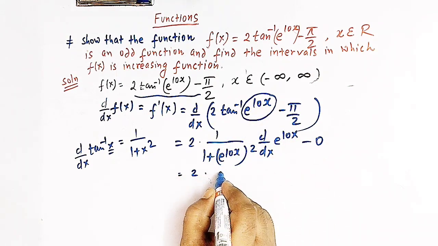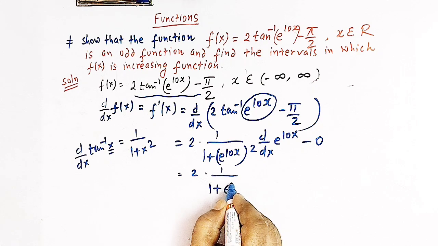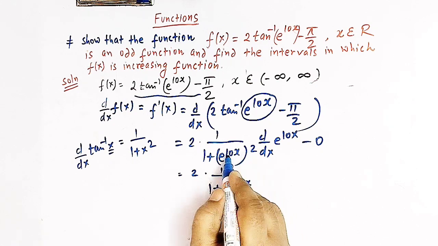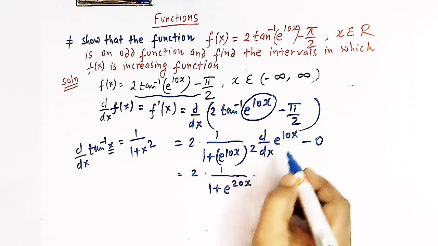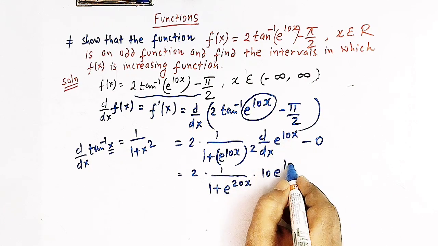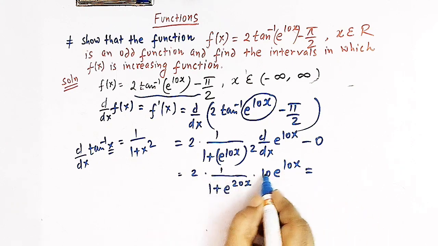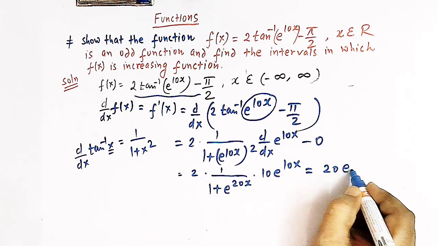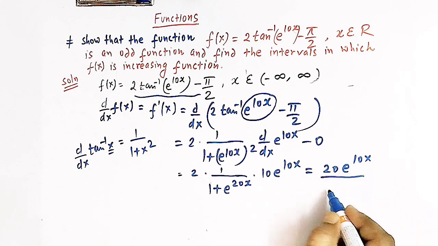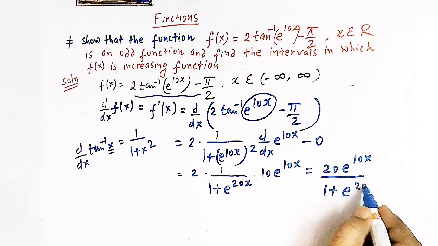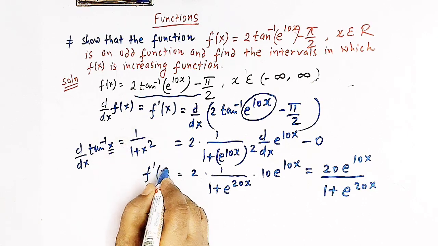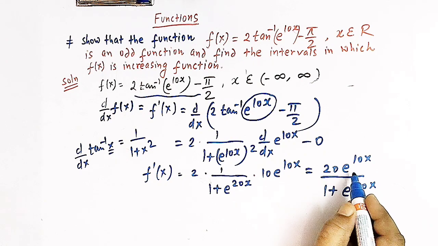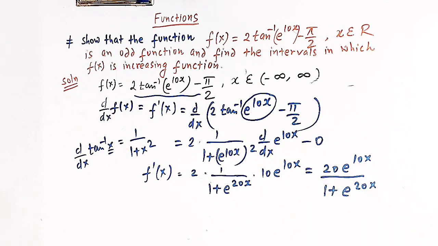So we have 2 times 1 over 1 plus e raised to 20x, and then the derivative of e raised to 10x is 10 e raised to 10x. So now we have 2 times 10 is 20 e raised to 10x, and here we have 1 plus e raised to 20x, right? So the derivative f prime of x is equal to 20 times e raised to 10x divided by 1 plus e raised to 20x.